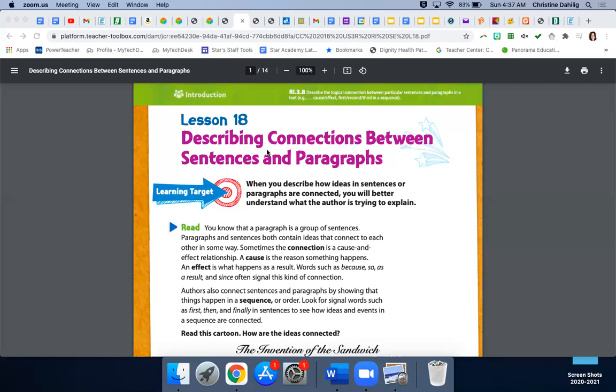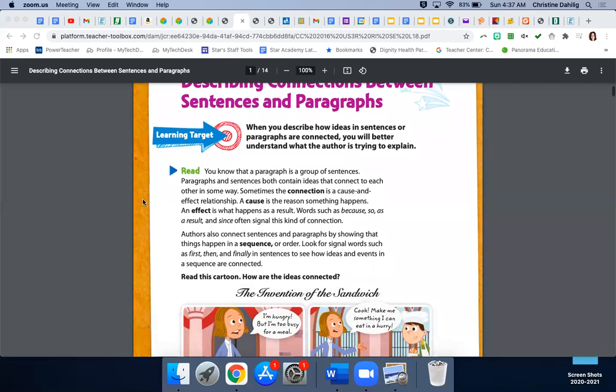So I'd like you to take a look at the learning target on page 296, and it says, when you describe how ideas in sentences or paragraphs are connected, you will better understand what the author is trying to explain. And so next to this green read, it says, you know that a paragraph is a group of sentences. Paragraphs and sentences both contain ideas that connect to each other in some way.